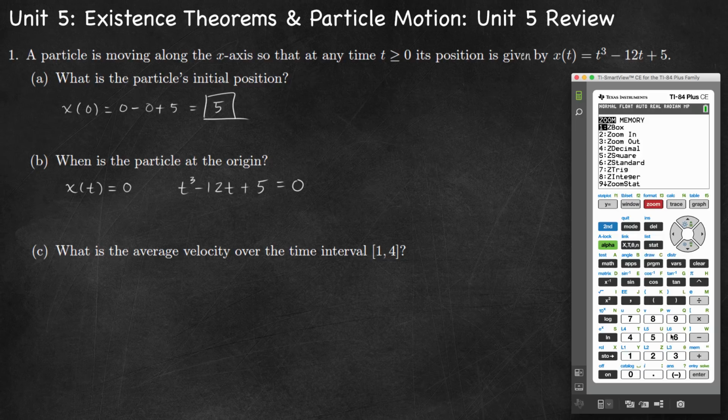I'm just going to try a standard window, although we are told that t is greater than or equal to 0, so I do usually change my window so that I'm only working on my interval. It looks like there are two different times when the particle has a position of 0. Let's find each of those.